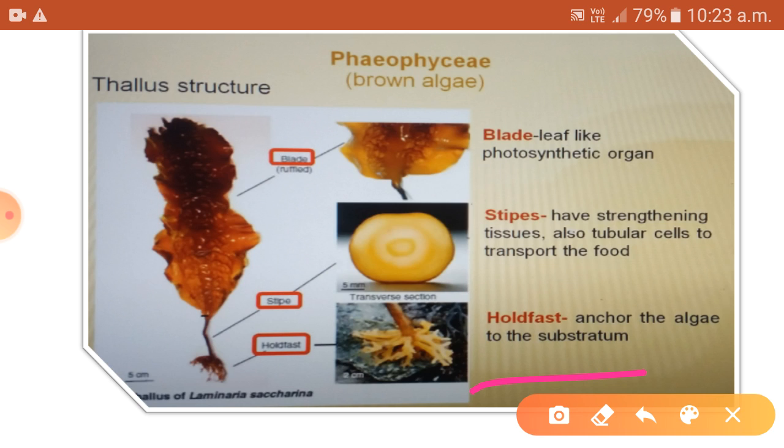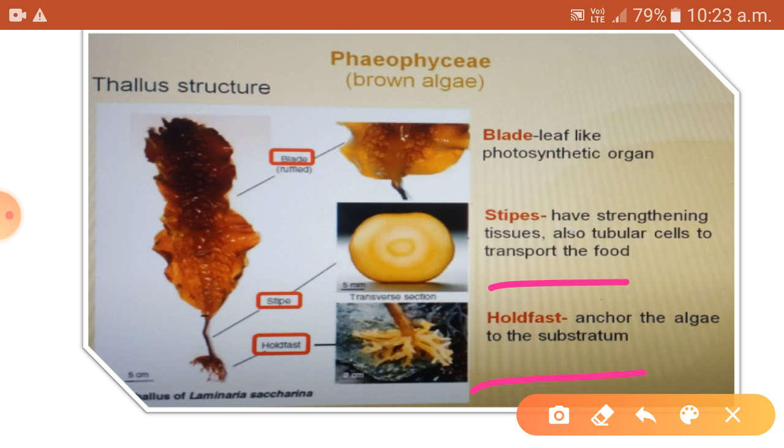Brown algae has a stem-like structure called the stipe. Even though they don't have specialized cells like xylem and phloem for water and food transport, the stipe has strengthening tissues and also tubular cells to transport food through the plant.